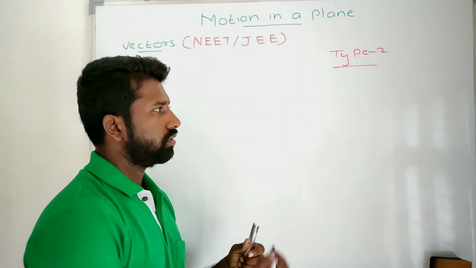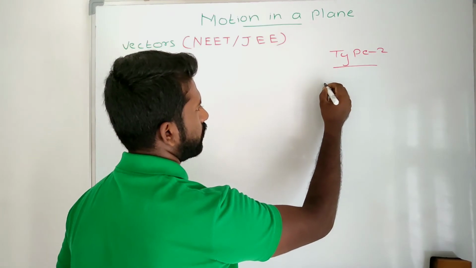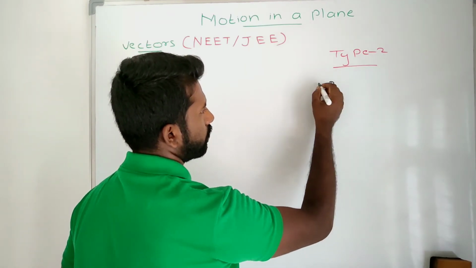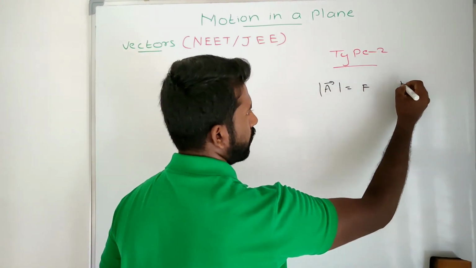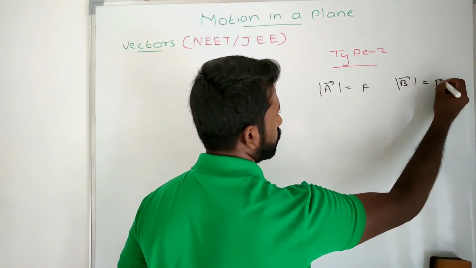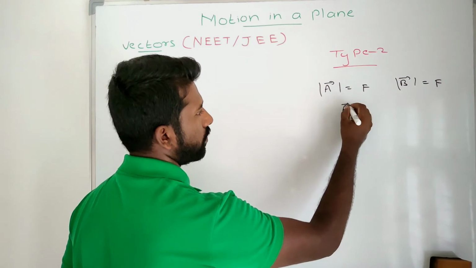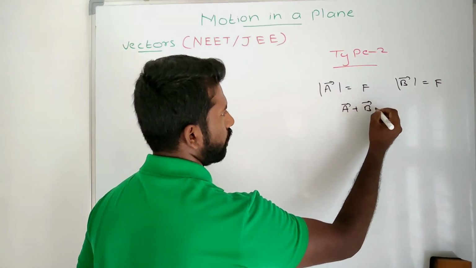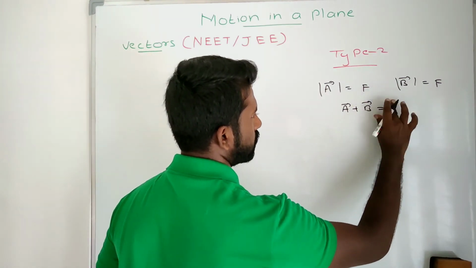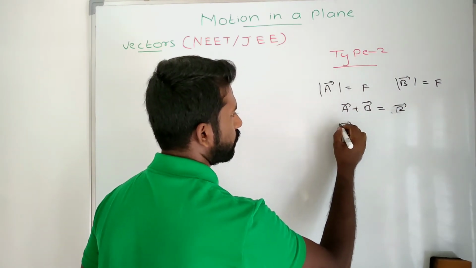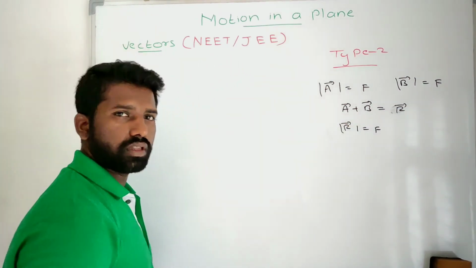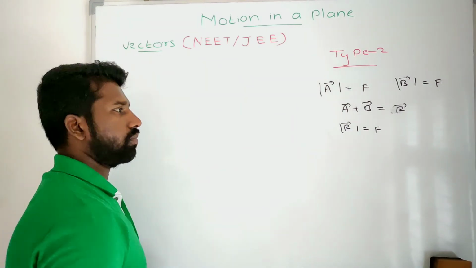That means two vectors, the vector A and the vector B. The magnitude of the vector A is equal to F, and the other vector magnitude is also F. Then the resultant of these two vectors, vector A plus vector B, has magnitude also F. Then what about the angle between them?